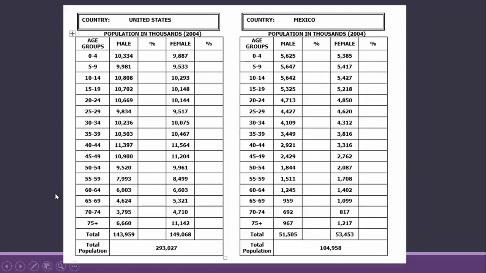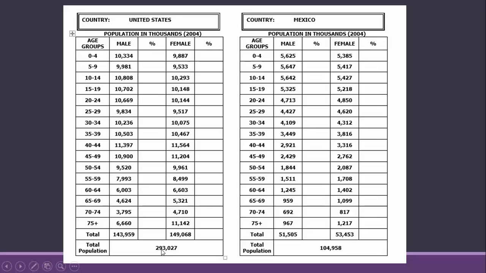Here is the data table for the United States and for Mexico. Something to keep in mind: here we're dealing with population in thousands. Obviously the United States doesn't have 293,027 people in it. This means it's got 293,027 thousands. So basically you add 3 zeros to the end of this to get the true population.